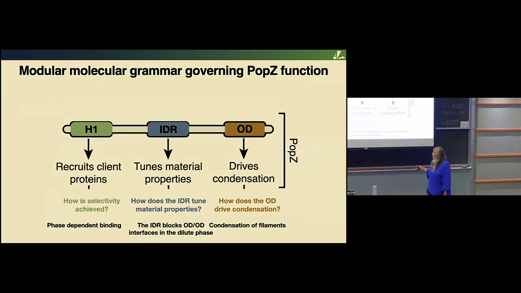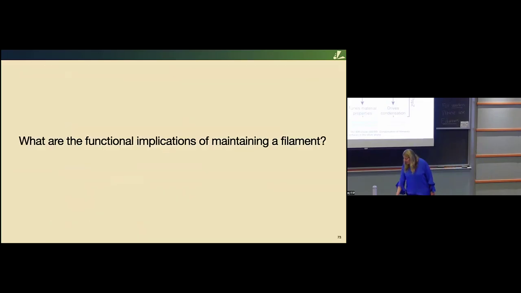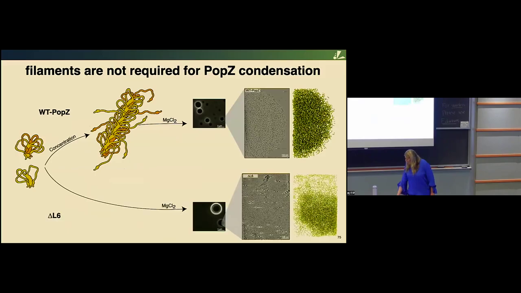So far I told you that the oligomerization domain is driving condensation by condensation of filaments. The disordered region is blocking this oligomerization interface in the dilute phase, and we have this phase-dependent binding. But what are the functional implications of maintaining a filament in the bacteria? So I'm going to go back to that mutant I told you about before. This is what's happening in wild type: the hexamers stack and form this beautiful condensate.